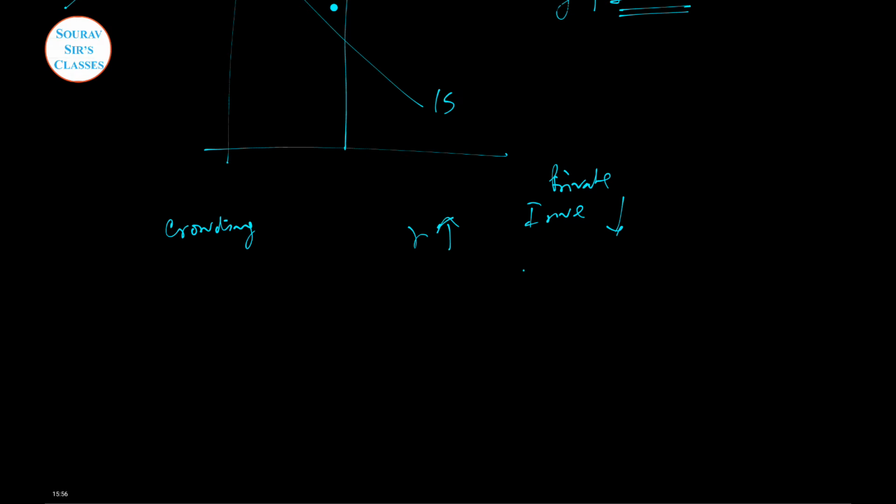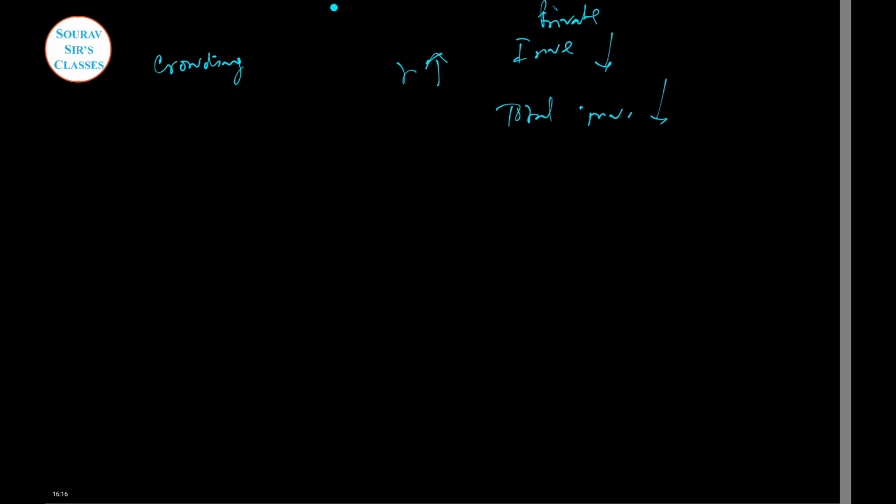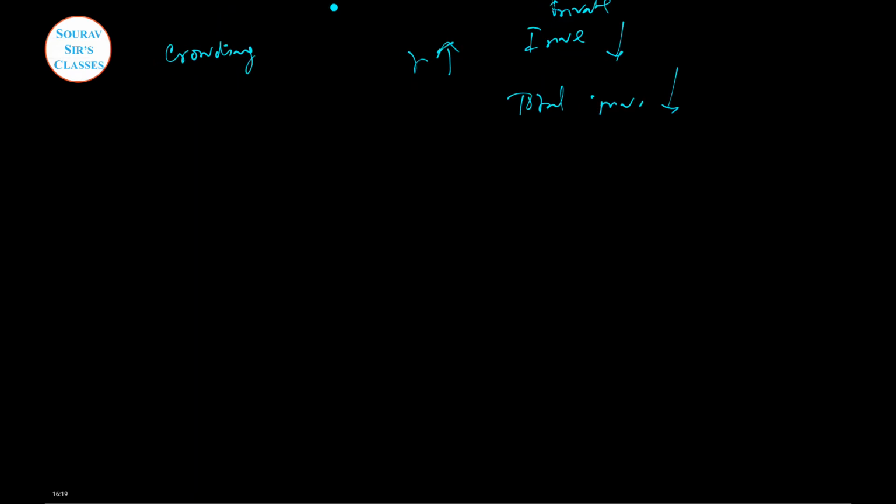So ultimately total investment is also falling. So this initial increase in the rate of interest actually crowds out a lot of investment. That's why it is called a crowding out effect. Okay, so if this kind of thing is happening, we can represent it as a supply demand format as well, and in the ISLM format as well.